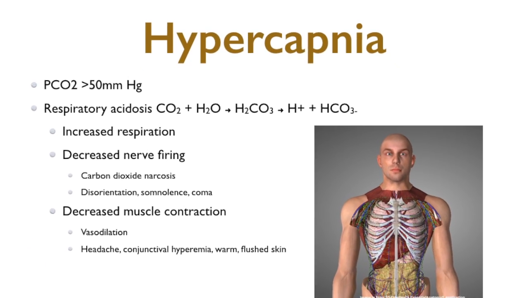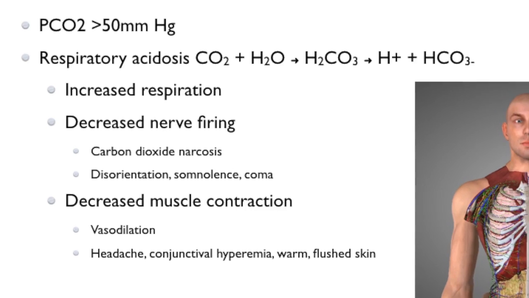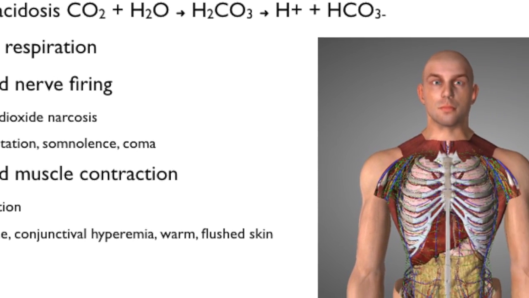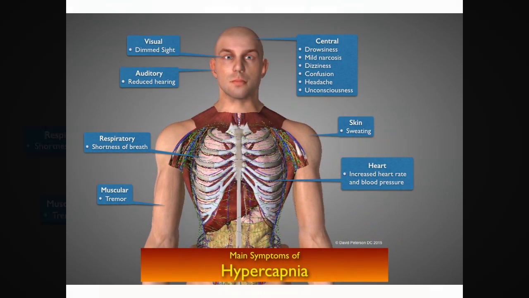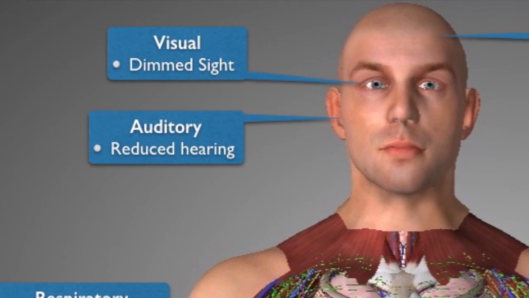Vasodilation is due to a direct effect of the extracellular acidosis associated with hypercapnia on the vascular smooth muscle. Hypercapnic acidosis increases prostaglandin PGE2 and nitric oxide production.